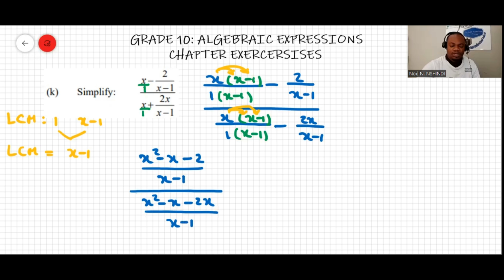Now we can simplify. I can try to factorize the numerator here, because we have a trinomial. I'll write somewhere here 2, and the factors of 2 are just 1 and 2. And if I need to get a sum from the factors of 2 that is equal to -1, the coefficient of x, you know, when you don't see any coefficient, understand it's 1, it's not 0. You place 1 there, but with the sign, it's -1.